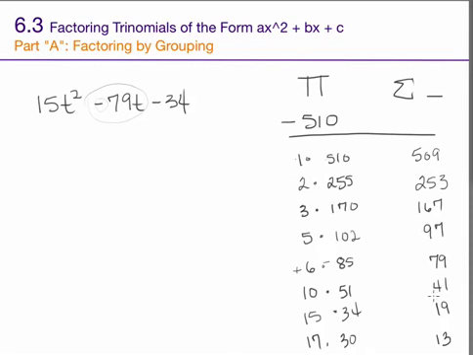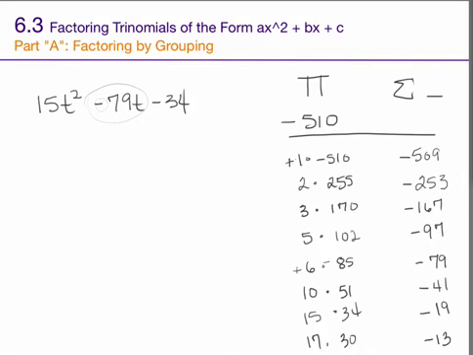The numbers in this column are the result of adding together the entries in each row. Remember, though, that my middle term is negative, so it was the positive small number and the negative large number that I added together. So these are really all negative.